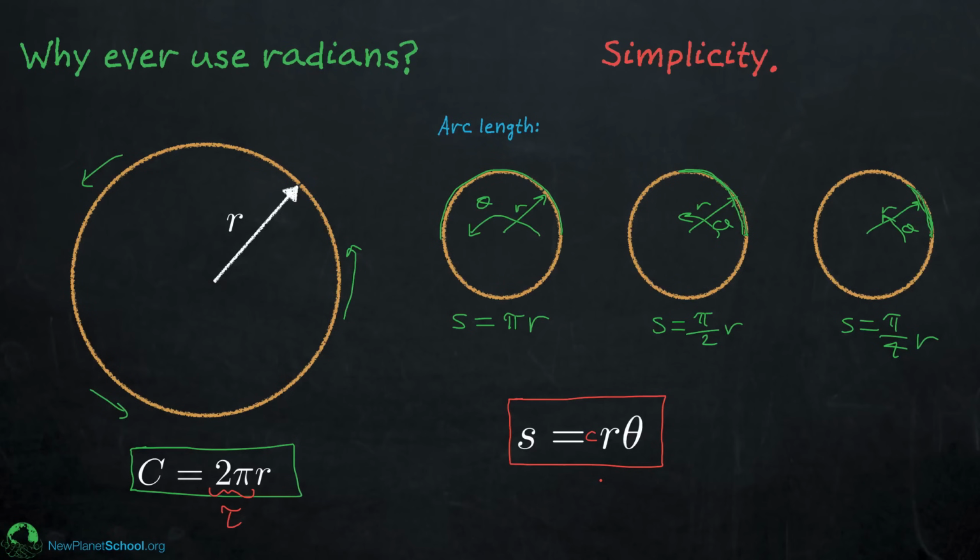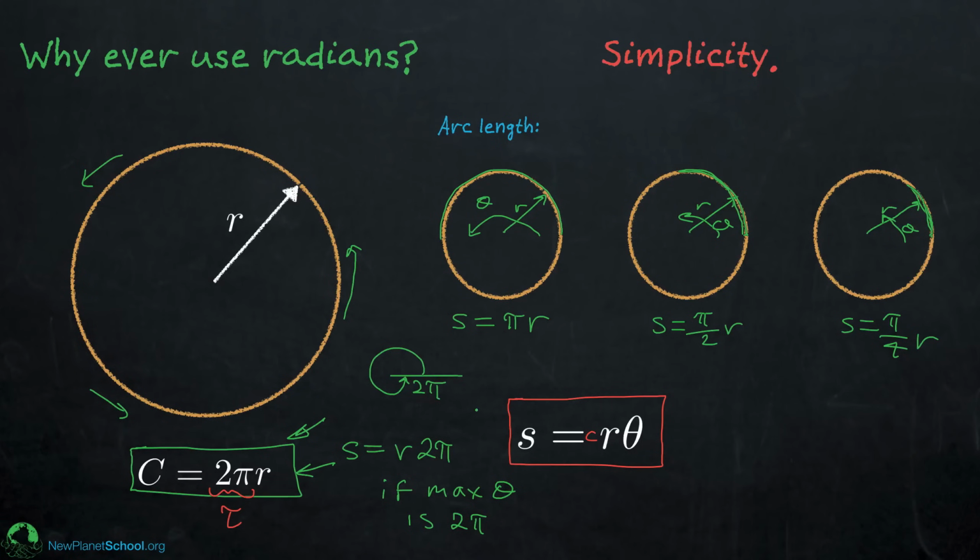I know that when I go all the way around, I have to get this equation over here. So let's try it. I can do S equals R times 2 pi, that is, if the max angle is 2 pi. In other words, I get this formula right here if I measure my angle in units such that when I go all the way around, I get to 2 pi.